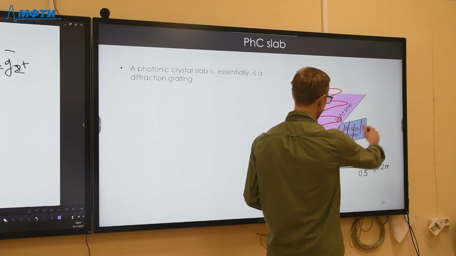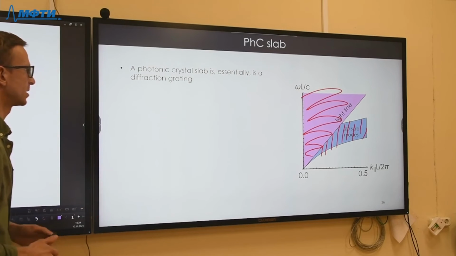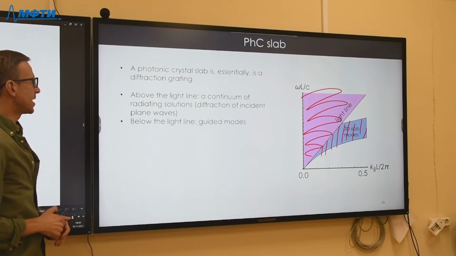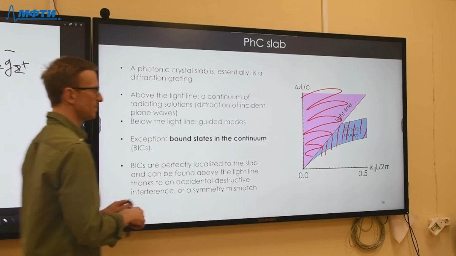And that is why the guided modes of a photonic crystal slab will occupy an entire region.